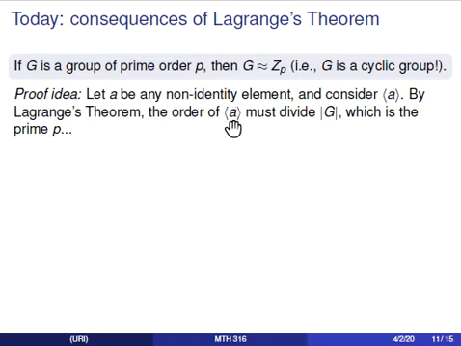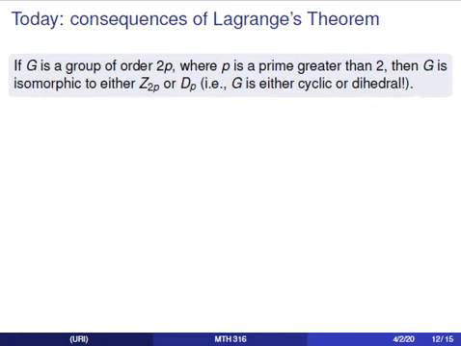Now it's not 1 though, because a was not the identity, and so the order of this subgroup generated by a has to be p, but there are only p things in the group, so that means that G must be generated by a. This subgroup generated by a is exactly all of G, and the only way that can happen is if G is cyclic. So Lagrange's theorem allows us to prove this result fairly quickly.